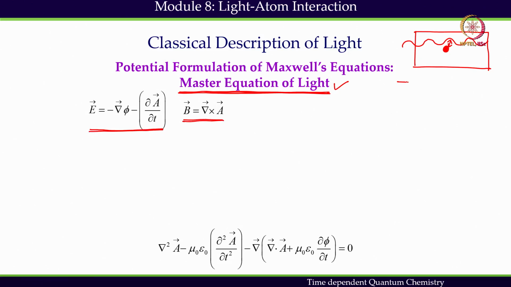And we have also selected an additional condition for A. A is to be divergenceless. Let us assume that A is divergenceless. In that case, we have to find an expression for A, and we have to do this derivation. So, we will come back to this additional condition later. We will just remember that this is the gauge condition we are going to use.